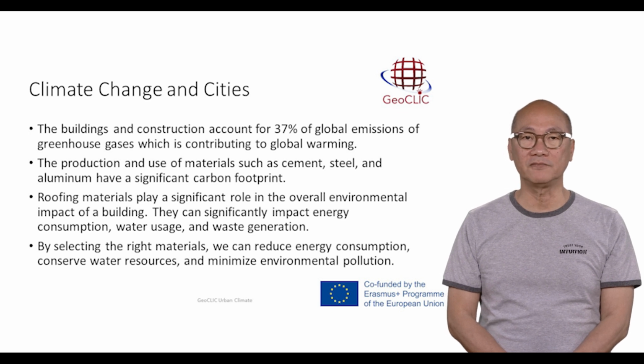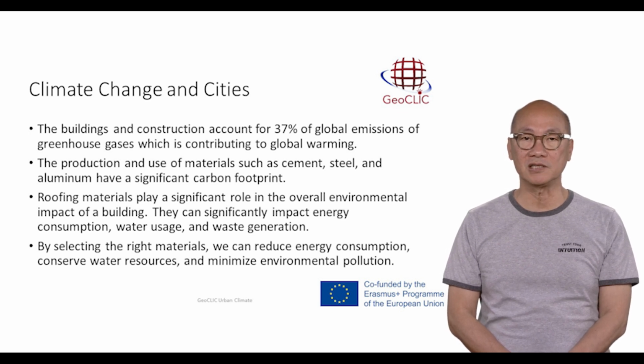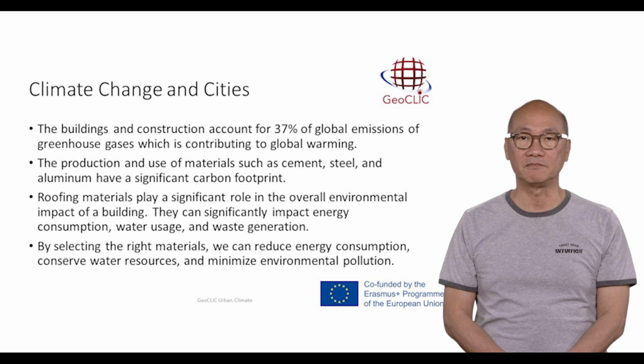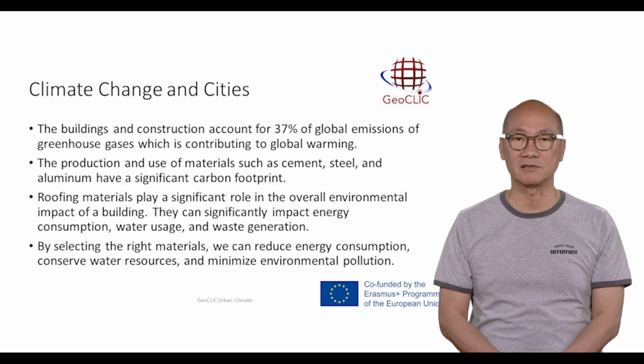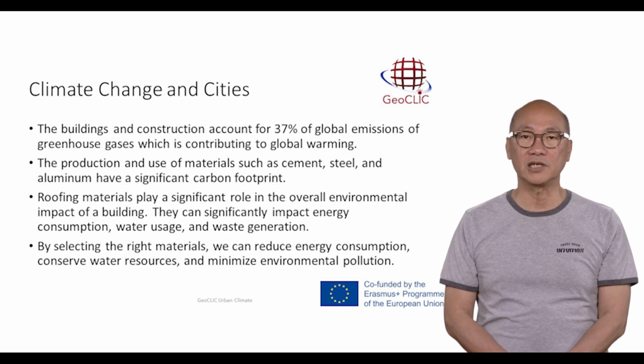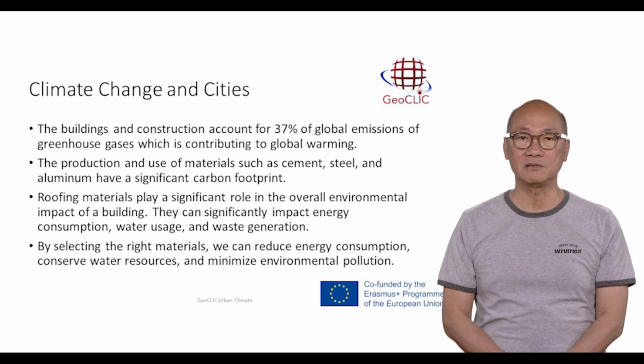Here we highlight some relationships between climate and urban cities. Firstly, buildings and construction account for 37% of global emissions of greenhouse gases, which is contributing to global warming. The production and use of materials such as cement, steel, and aluminum have a significant footprint.